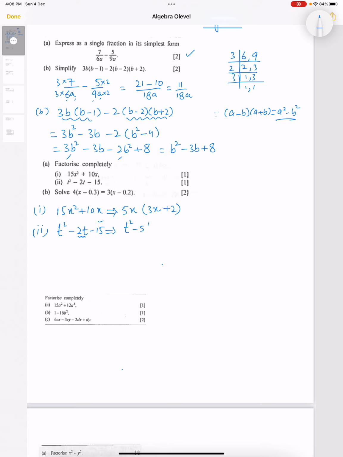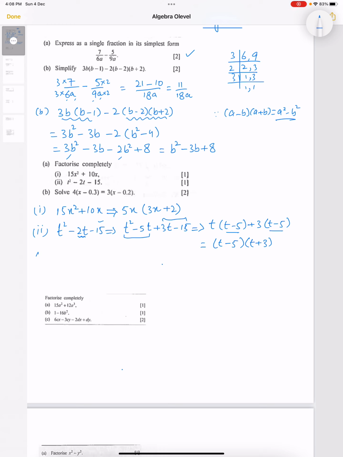It becomes minus 5t plus 3t minus 15. Further, if I take t as common from these two terms, it becomes t into (t minus 5). And plus 3 as common from these two, this will also become (t minus 5). Remember, both of these brackets should have the same values. Now I have (t minus 5)(t plus 3) as the answer.